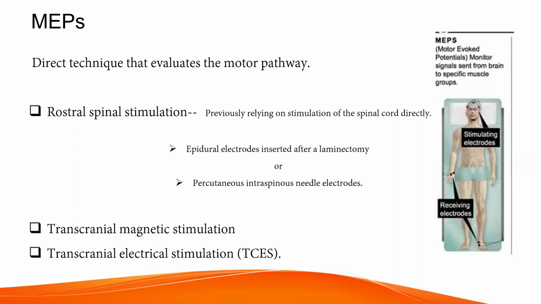Whereas transcranial stimulation can be through magnetic stimulation and electrical stimulation. Transcranial magnetic stimulation can be done in an unanesthetized patient, but the machines are expensive, bulky, and tend to overheat, so it is not user friendly.